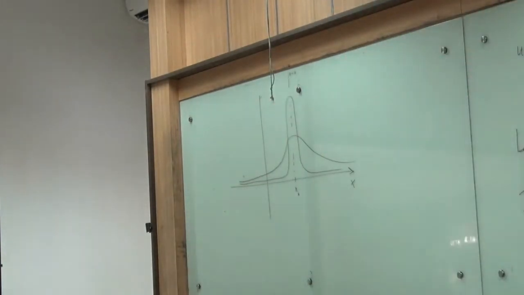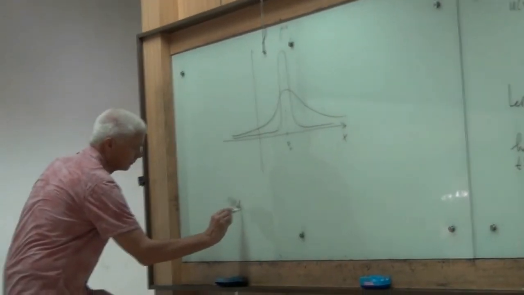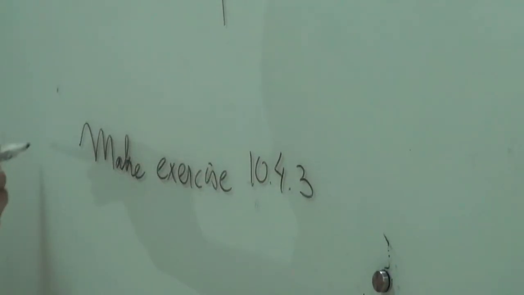Okay, then I have a few exercises. And the first exercise that you can make is out of the book, and that's exercise 10.4.3. And I will write down 2 other ones.